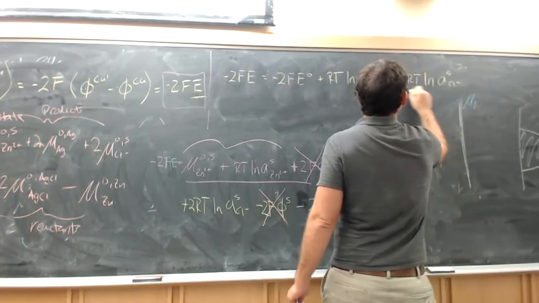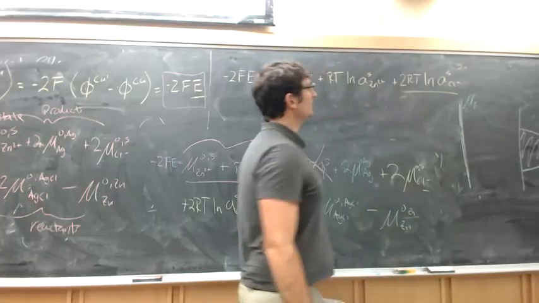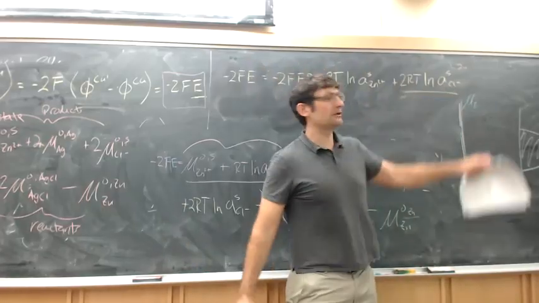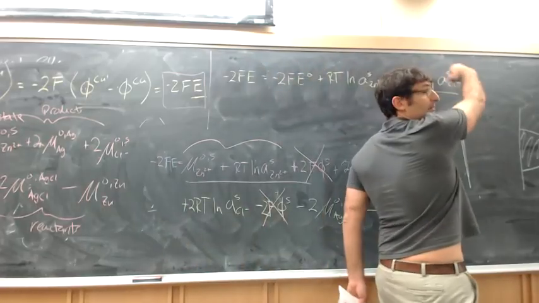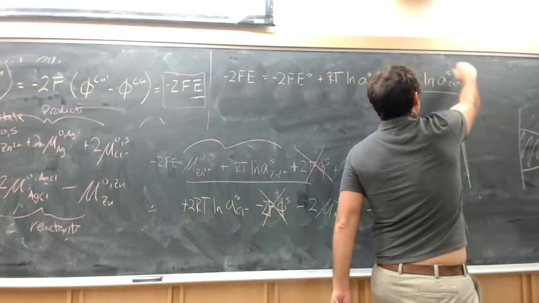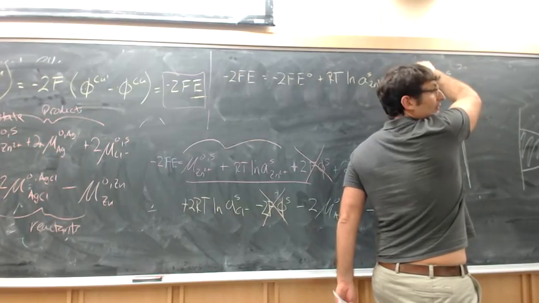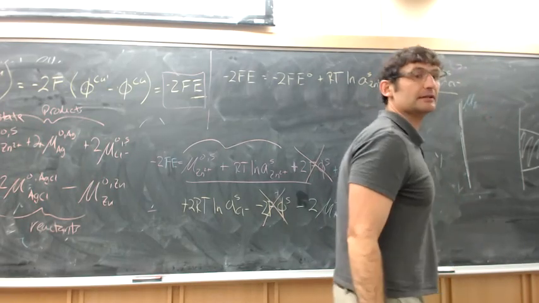And how do we write this in a nicer way? Put that 2 in the logarithm. If I want to put the 2 in here, what do I need to do? I raise it to the second power, right? So I take the term in the log and raise it to whatever power the prefactor is.